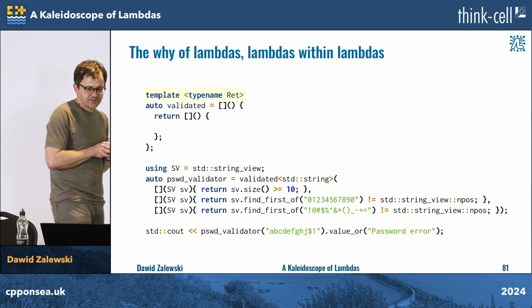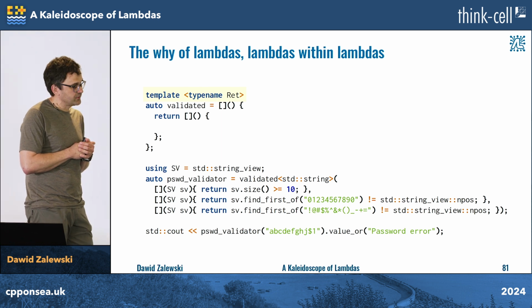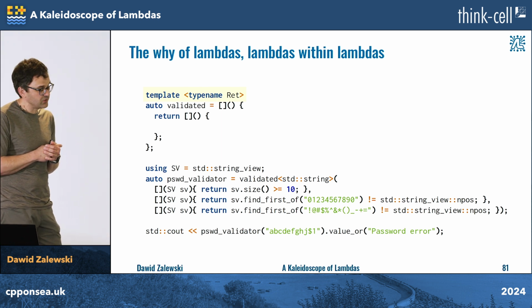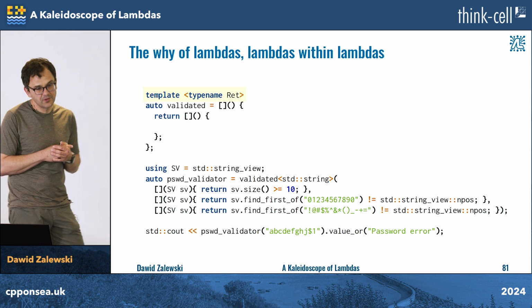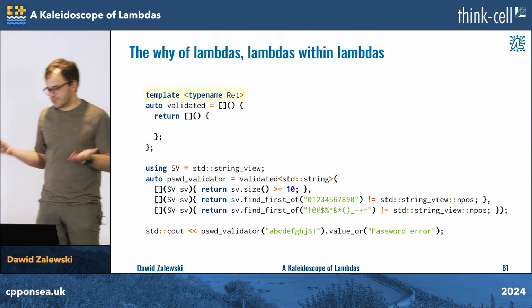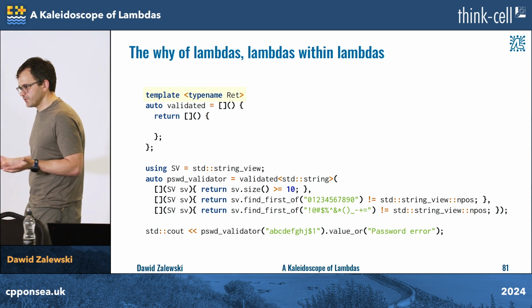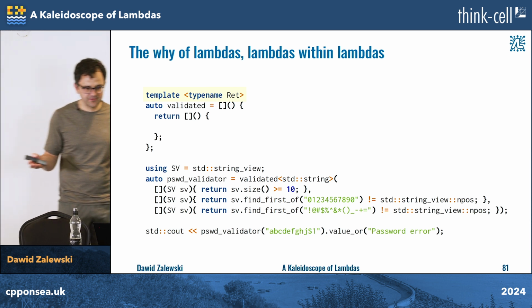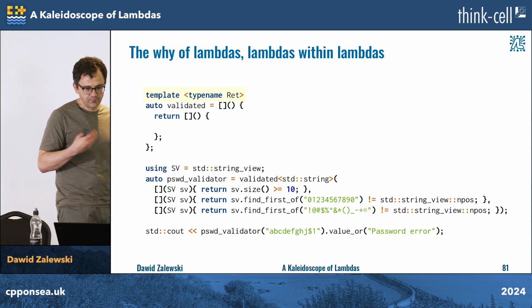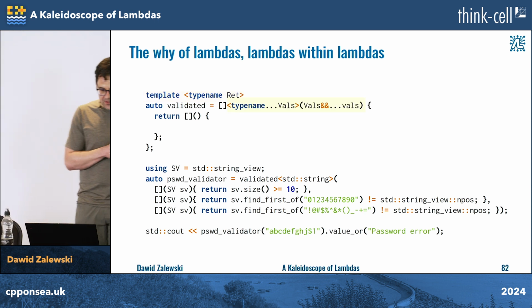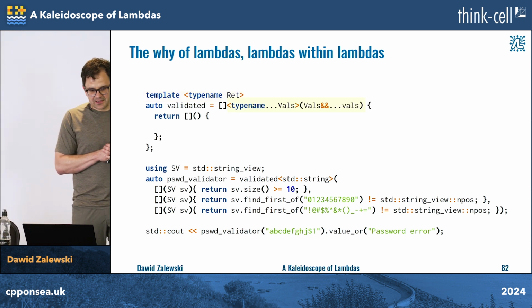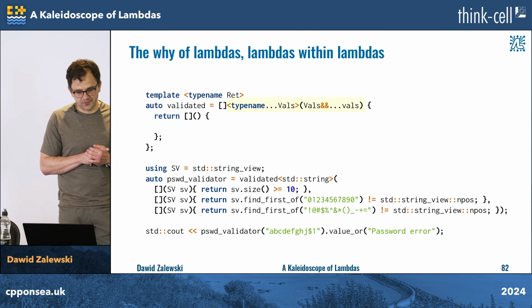First of all, notice that my lambda there is templated. So I do validated of string. And to achieve this, you again have to use the variable templates because there is no other way to template a lambda itself. So there is a variable template, my return value. Now, my lambda will take a lot of validators, right? Validated takes validators to implement the validation logic.